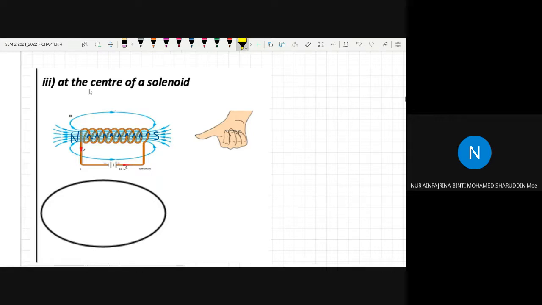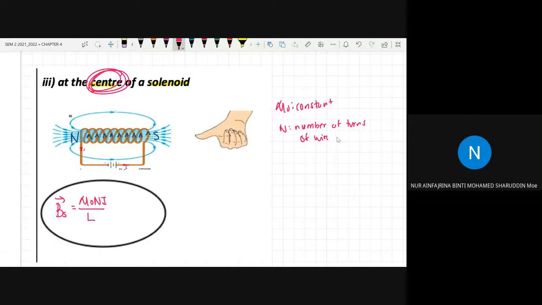So, untuk center of the solenoid, okay, please highlight perkataan center ni. Dia punya magnetic field formula adalah mu naught N I over L. Which your mu naught adalah constant, N adalah number of turns of wire, which is the unit adalah turn sahaja.